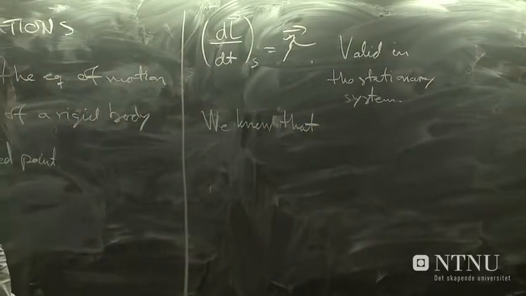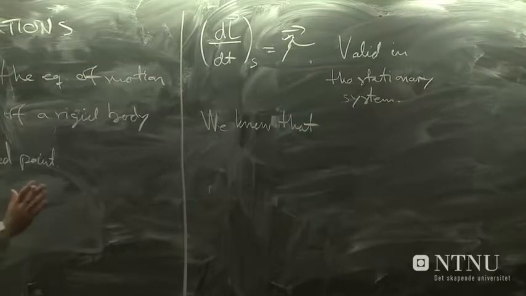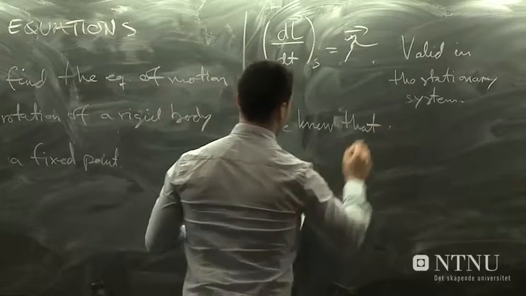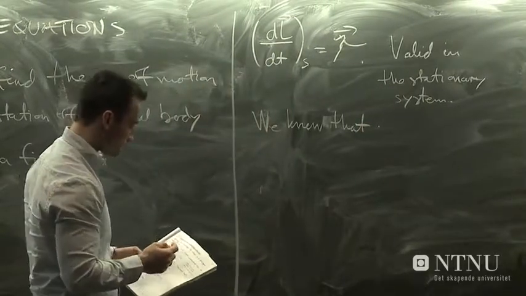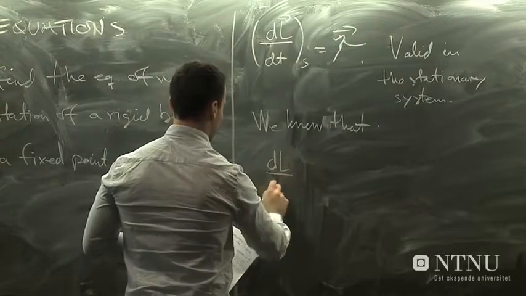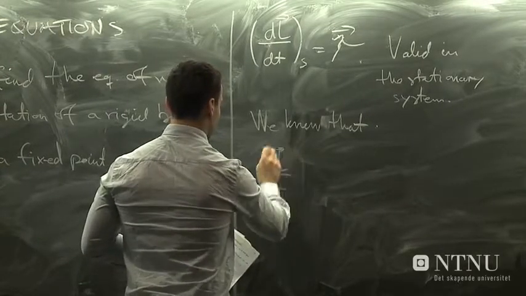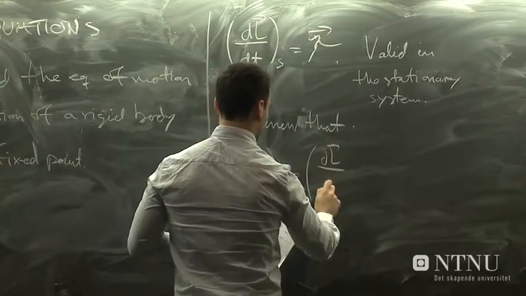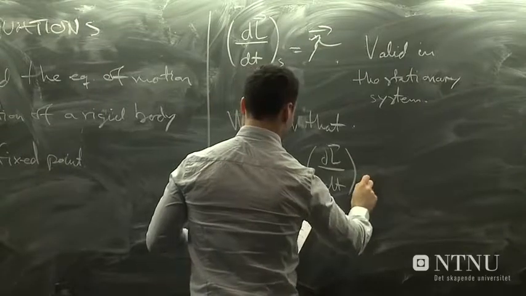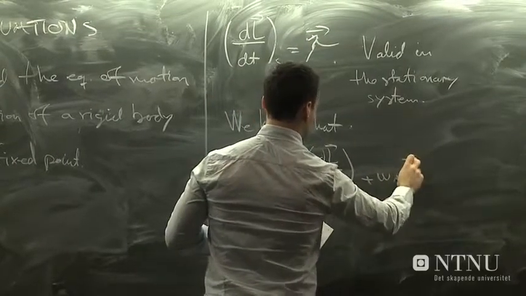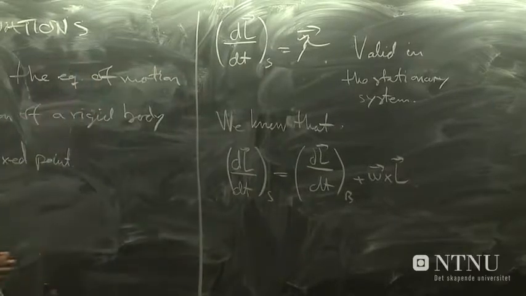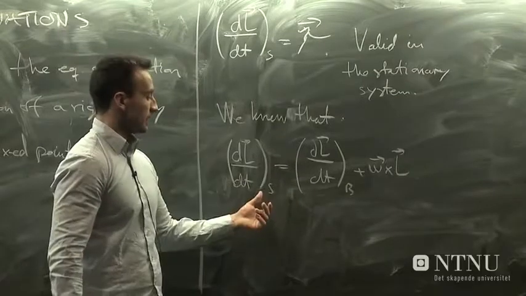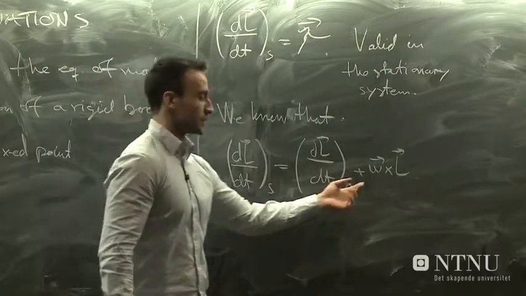But we know that we can relate the time change of any vector in the rotating and the stationary system by means of the operator identity that we derived in the previous chapter. So we should have the following relation between the time derivative of the angular momentum in the stationary and the body system. So we have this extra term here.